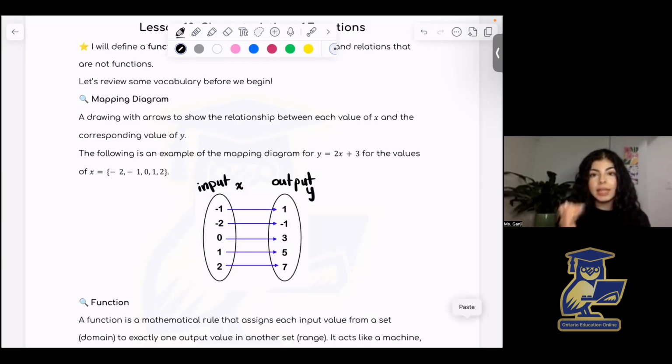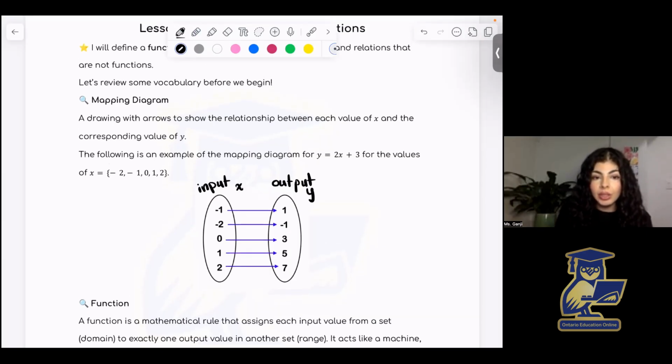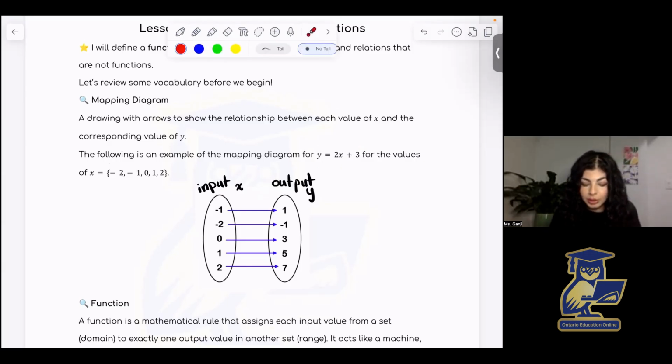And we see that there is a relation between different values of the input to the output. So -1 goes to 1, -2 goes to -1, 0 goes to 3, and so on. So this is actually the mapping diagram for the function y equals 2x plus 3, where we see that each of the input values are being doubled, and if we add 3 to it, we do get that output value.